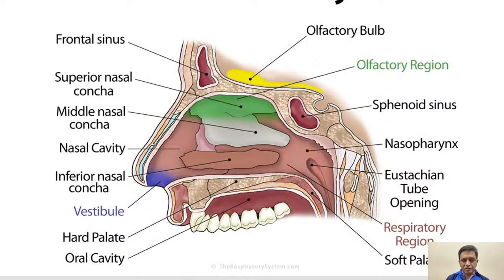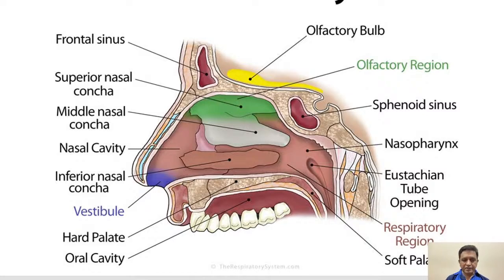In the process, the air gets cleaned, it gets humidified, it gets a little warmth before it enters into the nasopharynx, and through that the windpipe and the lungs.